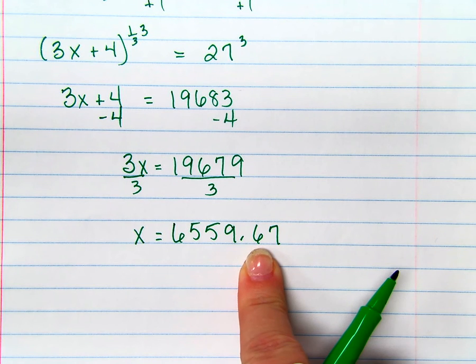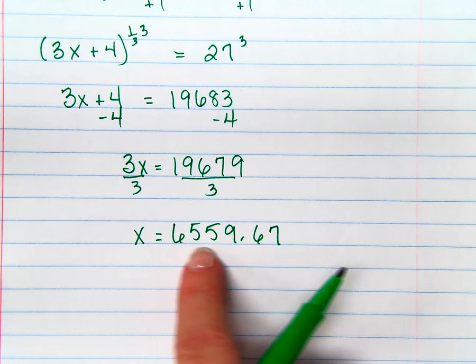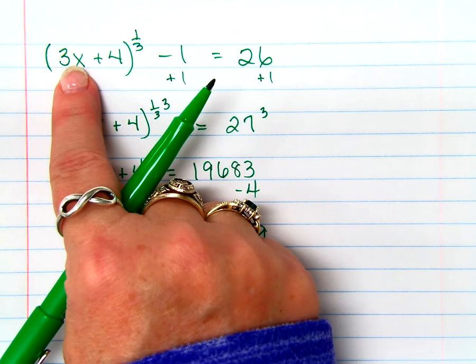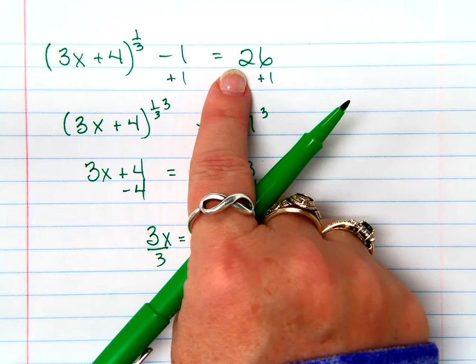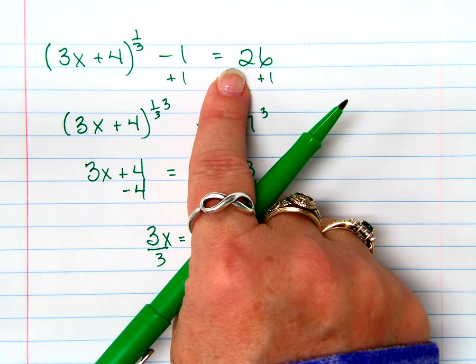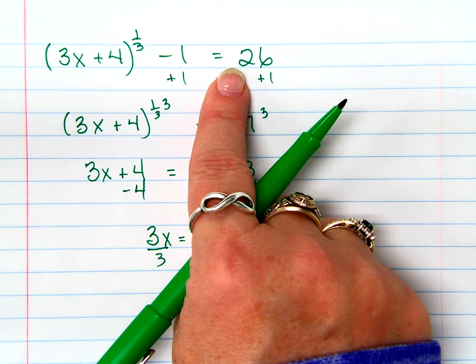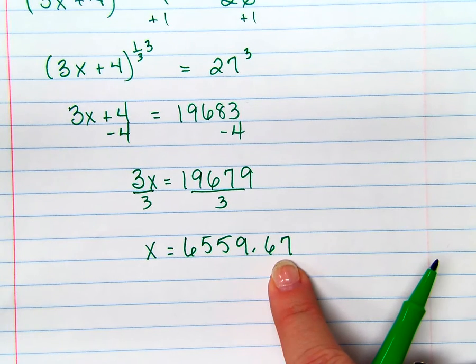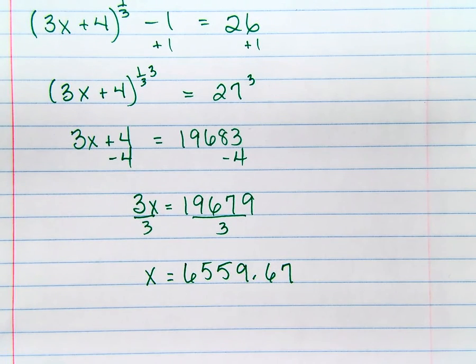So part of the problem they were having is that they were putting this number right here back in for x. And guess what? It wasn't 26. It was like 26 point something, because we rounded, right? And they were freaking out a little bit. Don't. Okay?